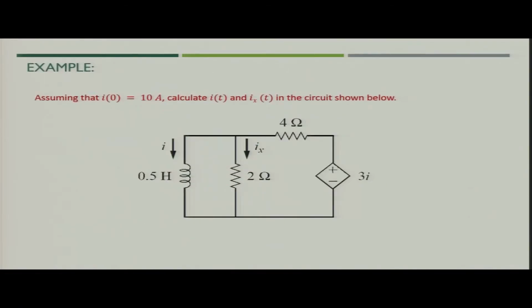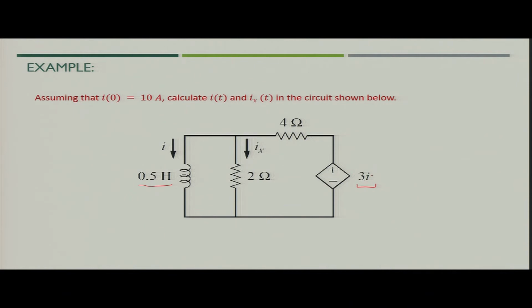Now, let us take one example so that we can clear the concept. Let us say we have one circuit as shown in the figure. Here one inductor of 0.5 Henry is carrying some current I, and in parallel with it we have a 2 ohm resistance where the current Ix is flowing, and then we have 4 ohm in series with the parallel combination of inductor and resistor, which is connected in series with one dependent voltage source.